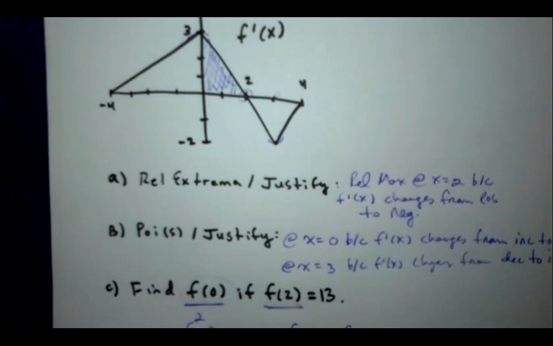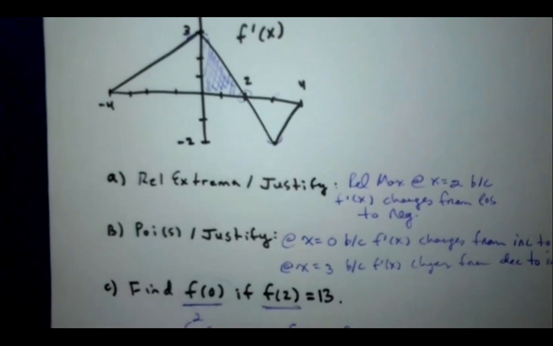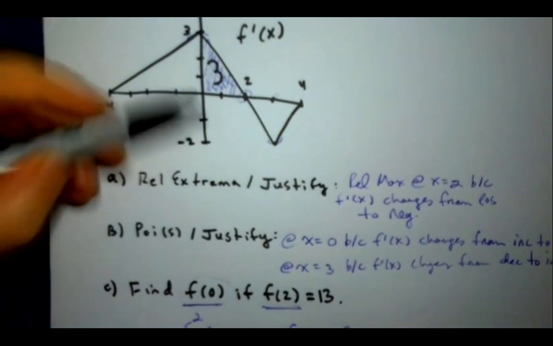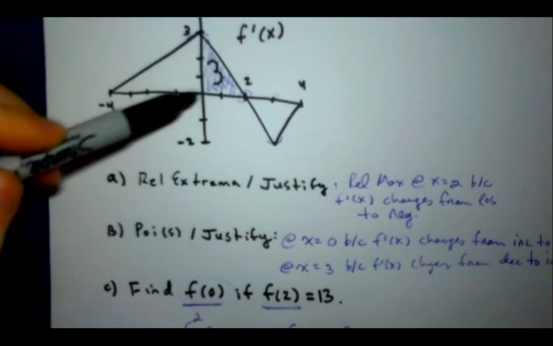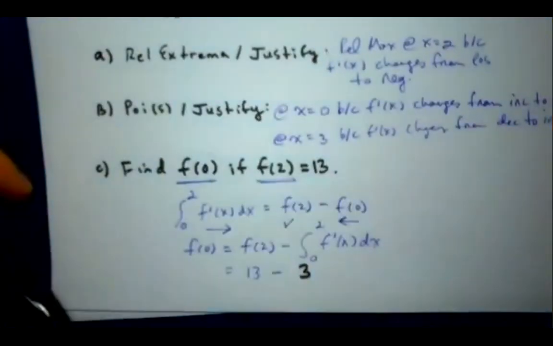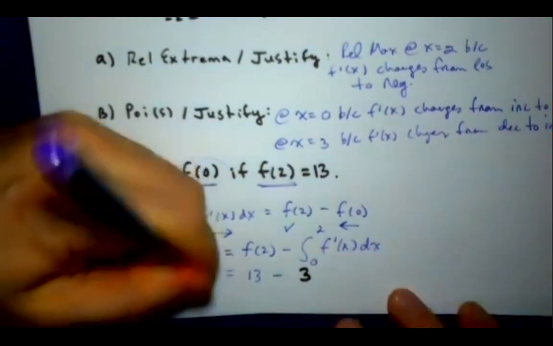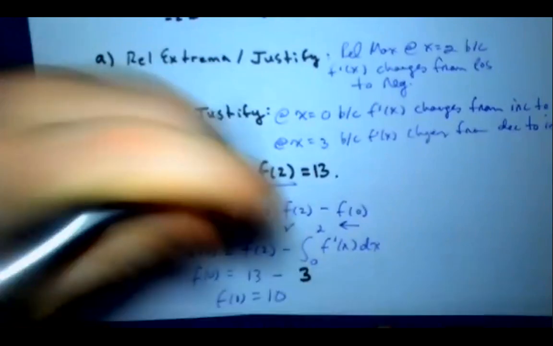Half base height, base height is 6. Half of that means that this has an area of 3. So the integral from 0 to 2 of f prime of x dx, if it's a shape you can work with, you use it. So that becomes 3. So f of 0 is equal to 10.